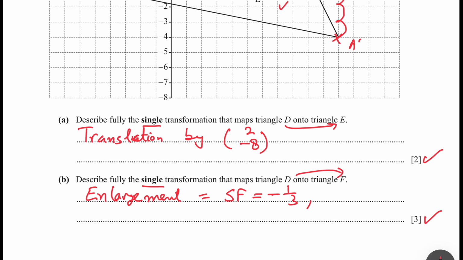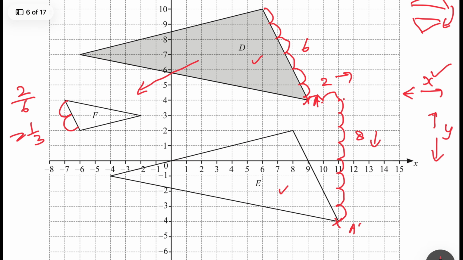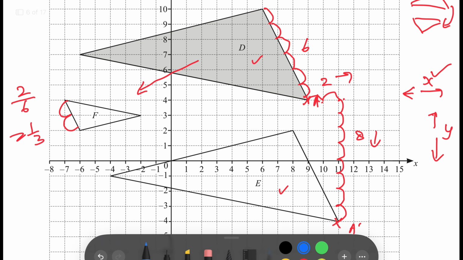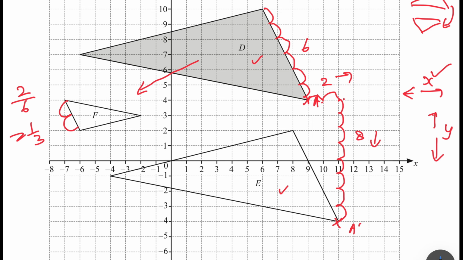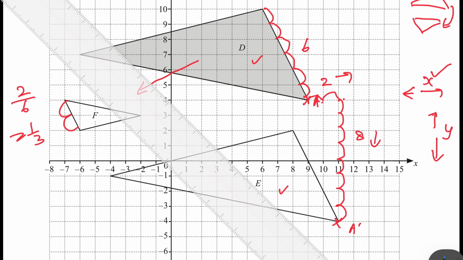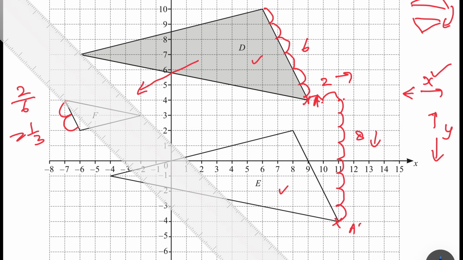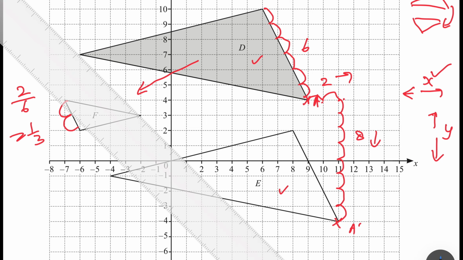Now next, it's 3 marks, so we also need the center. To find out the center of enlargement, you just join the corresponding vertices, right? Here we will have this vertex and this vertex, I'm joining them.